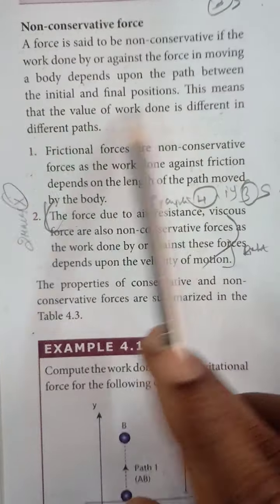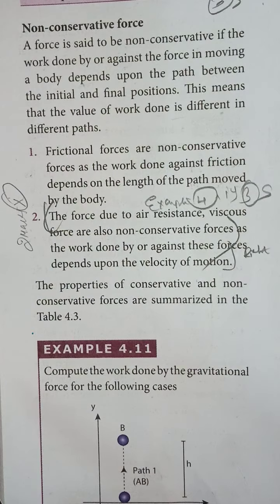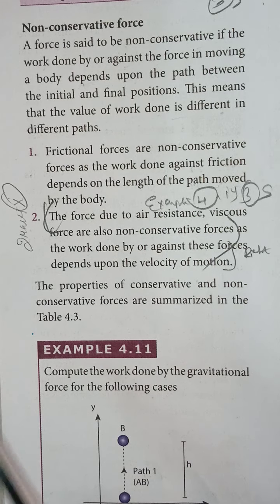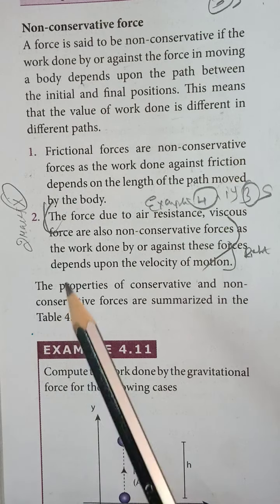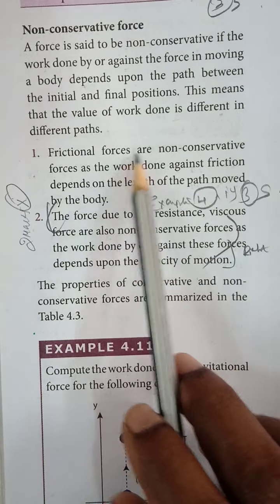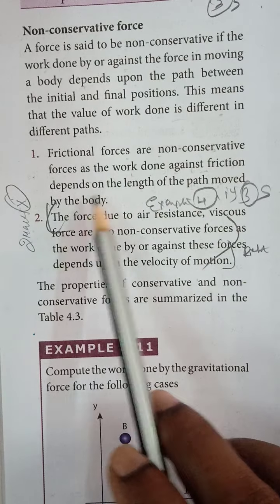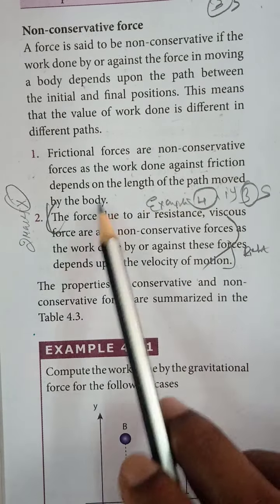This means that the value of work done is different for different paths. The value of the work done changes according to the path of the object; that is called a non-conservative force. For example, frictional forces are non-conservative forces, as the work done against friction depends on the length of the path moved by the body.